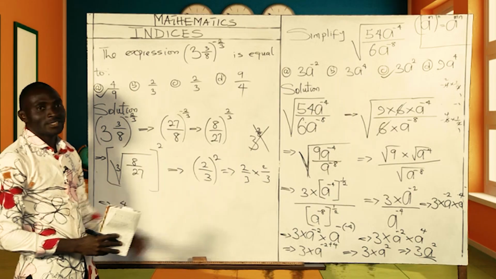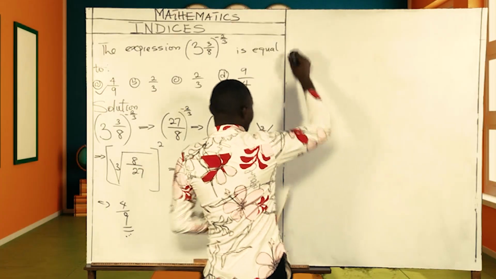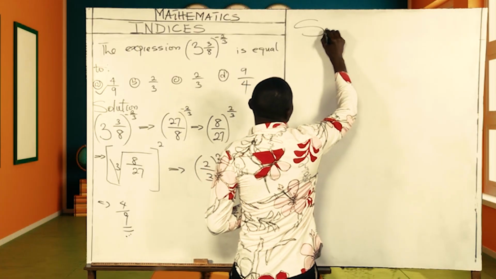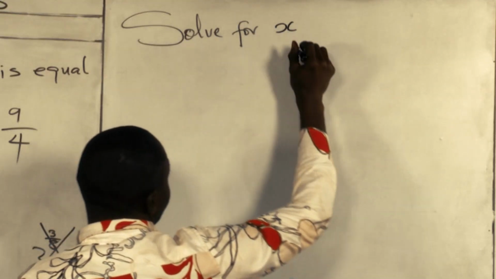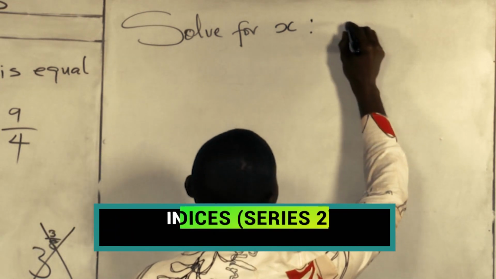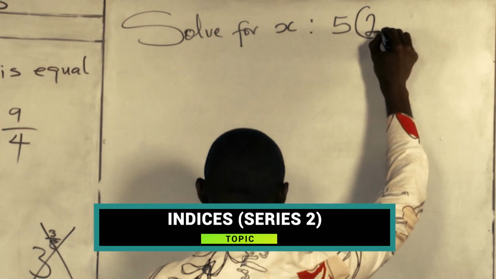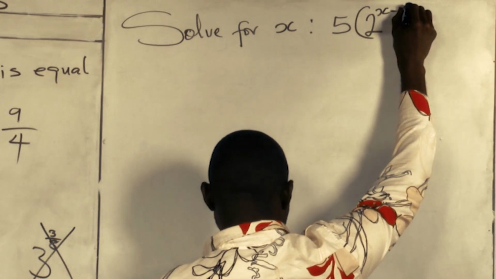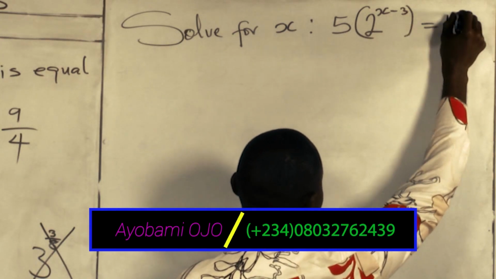Now let's move to another question to solve. The next question says solve for x in 5 open bracket 2 raised to the power of x minus 3 close the bracket equals 160.